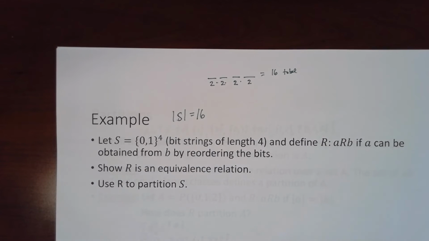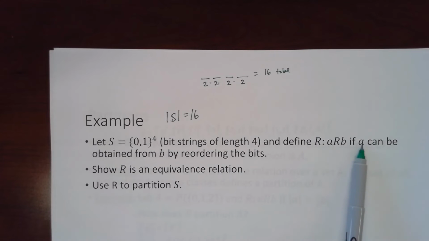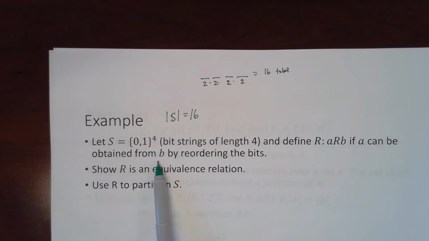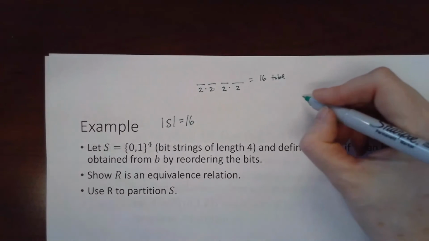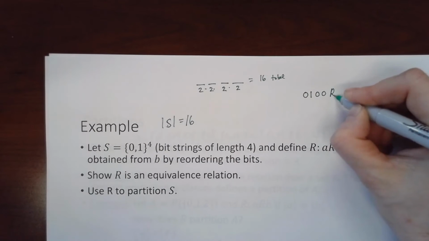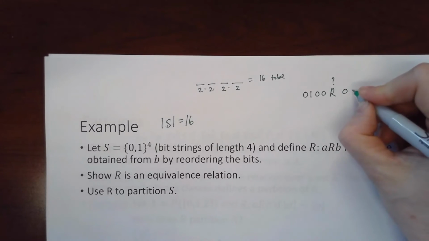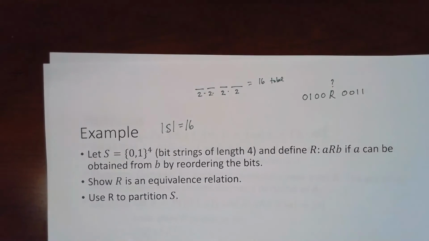All right, so we're going to define a relation that A and B are related if I could get A by reordering the bits from B. Let's look at some examples. Would 0100 be related to, let's say, 0011?